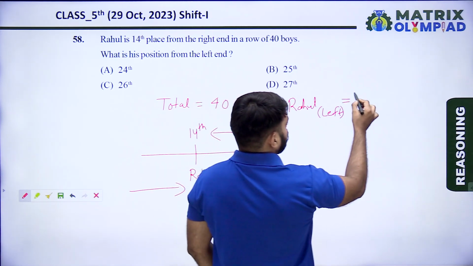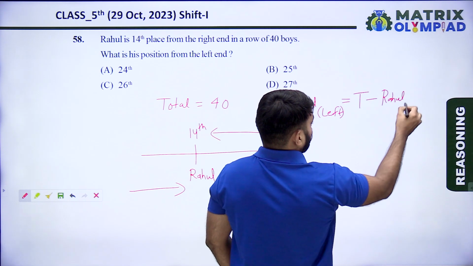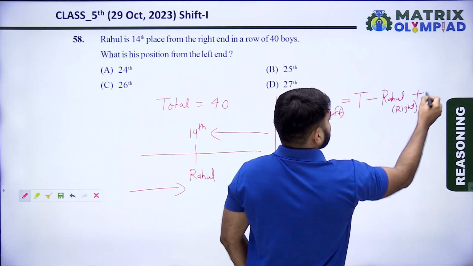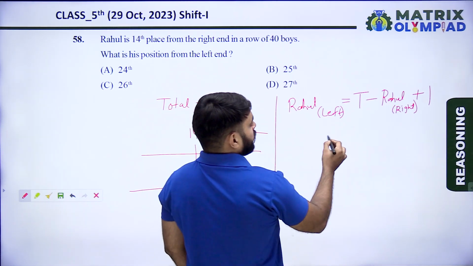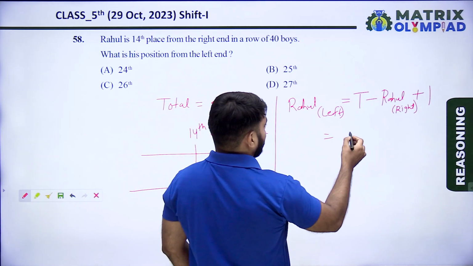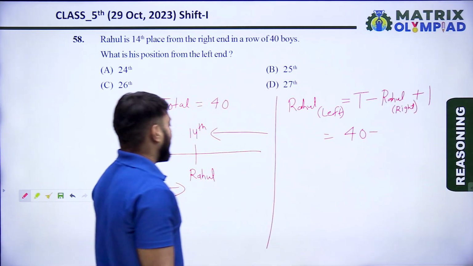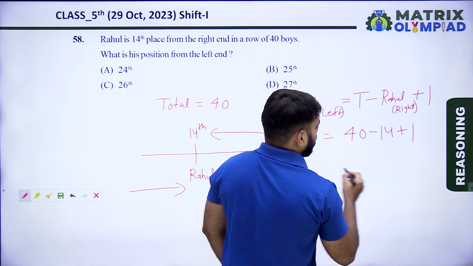So the formula is total minus Rahul's position from the right end plus 1. So the total number of boys in the row is 40, minus Rahul's position from the right which is 14, plus 1.